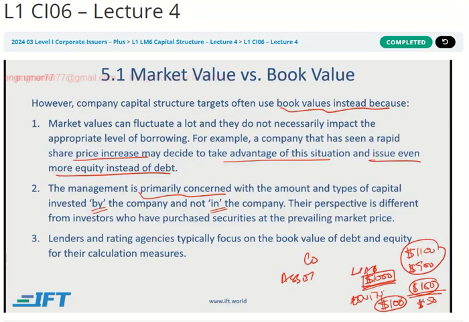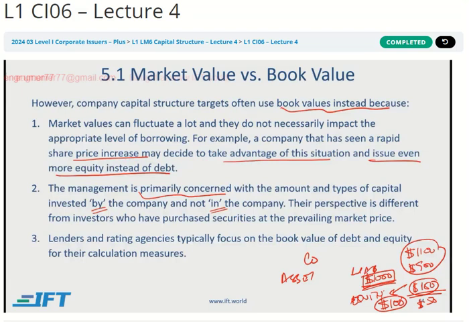So instead of saying, oh, my market value of equity has gone up, let me issue more debt to bring my weighted average cost of capital to the optimal level, to bring my debt to equity ratio to the optimal level, the company might do the exact opposite: oh wow, look, the share price is high, let me sell some more shares at this high price and get more money into my equity, even though that might be different from the theoretical optimal capital structure, right?